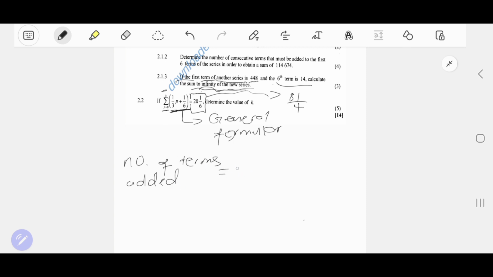It's always like this, people: top minus bottom, plus 1. So the number on top of the sigma notation, minus the bottom number, and then plus 1. Whatever answer you get will represent the number of terms that were added. So we're good to go now, people.